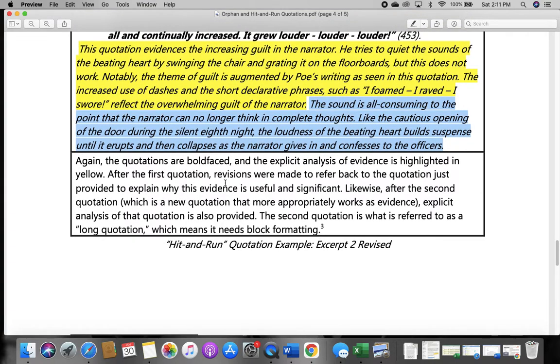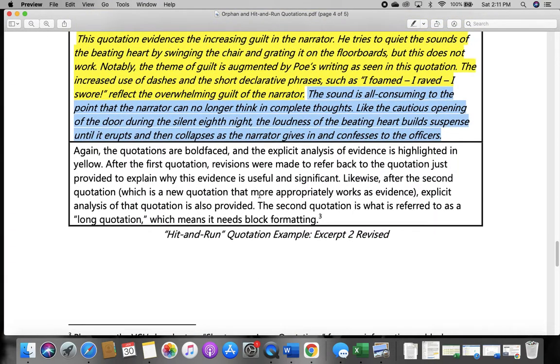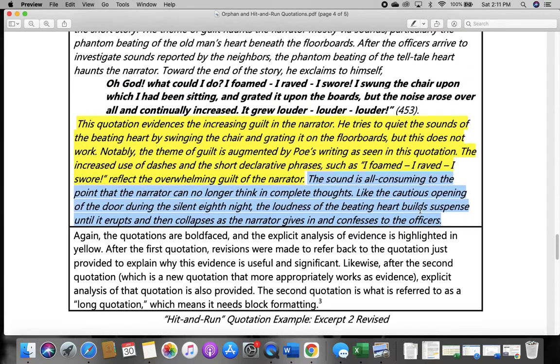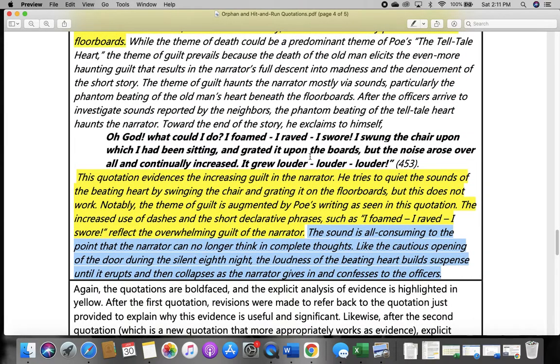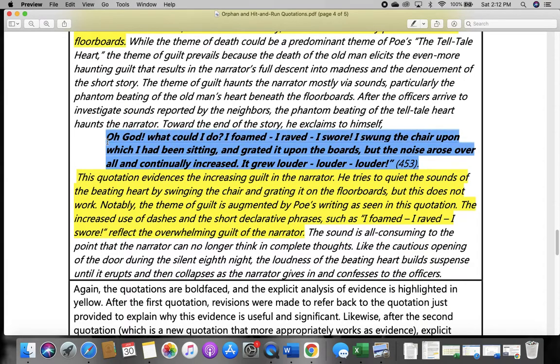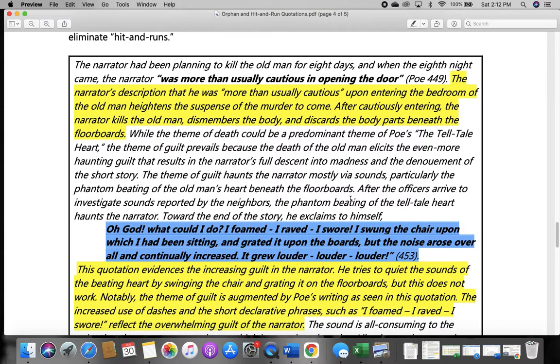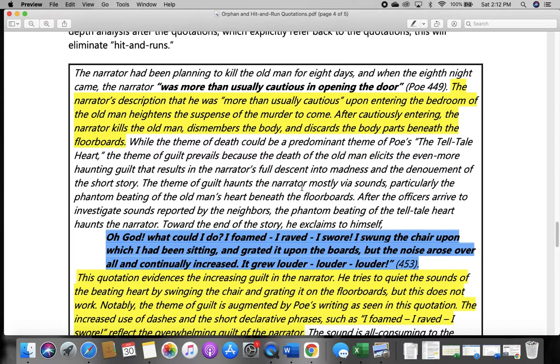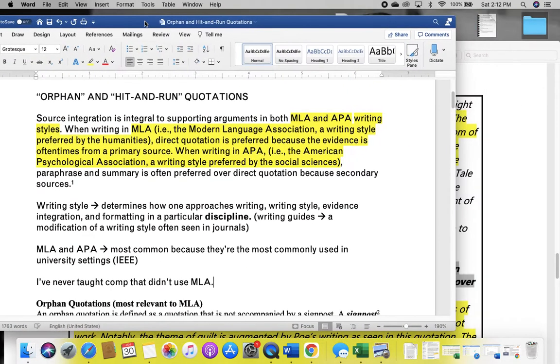Everything that's here is pretty much an explanation of what I've already stated. The only thing I haven't said is that this is formatted like this because it's a block quotation, meaning it's a long quotation.